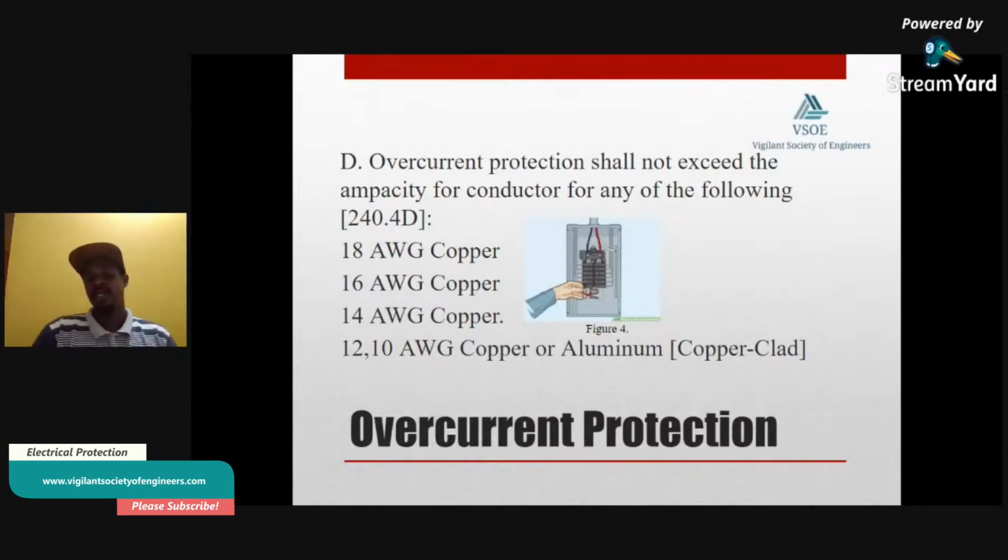So if the conductor has an ampacity of 20 or 30 amps, then the protection device should be rated 20 or 30 amps, all right? So the conductor should be protected at its rating. So this only applies for conductors in the range of 18 AWG, 16 AWG, 14 AWG, 12, 10 AWG copper or aluminum, and in some cases, copper-clad, all right?